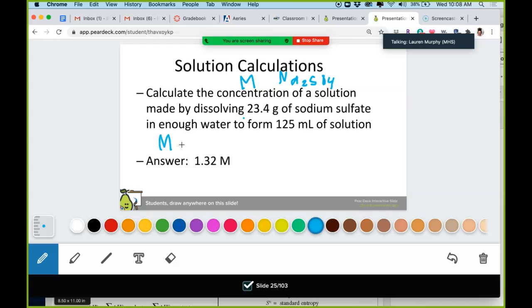So concentration, molarity, equals moles per liter of solution. I did not directly give you moles, but I gave you grams. And since you know the formula of the compound, you can turn grams into moles.